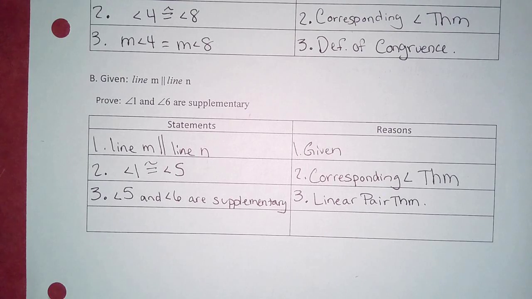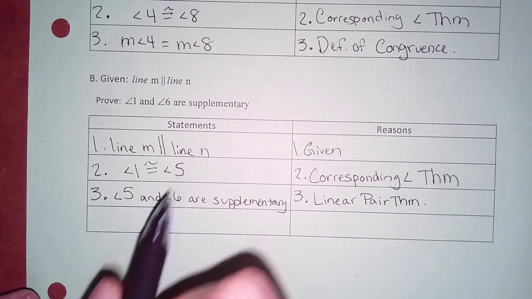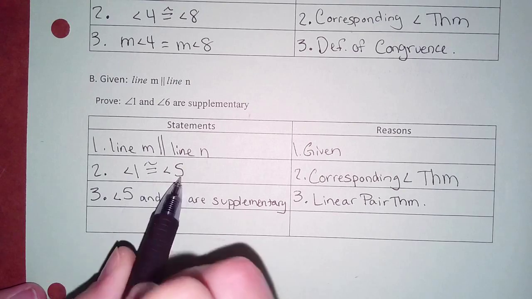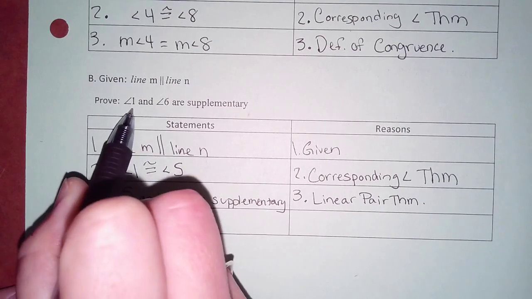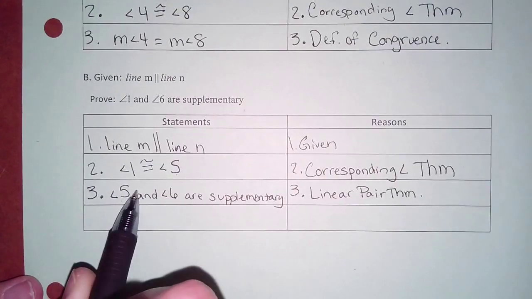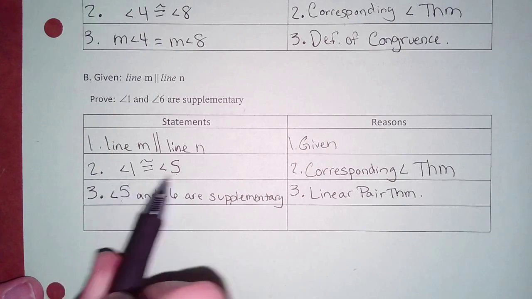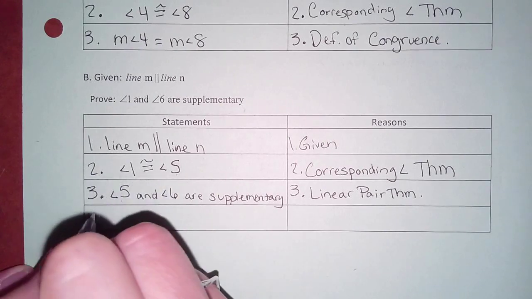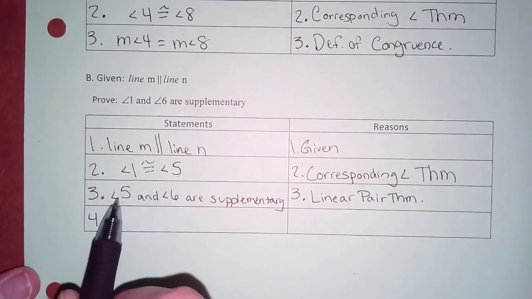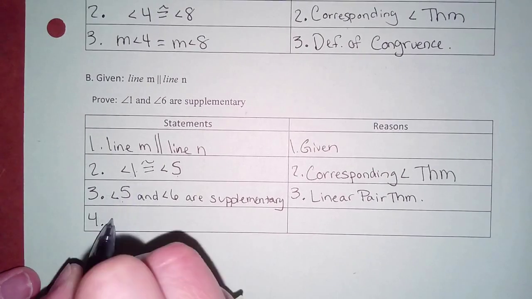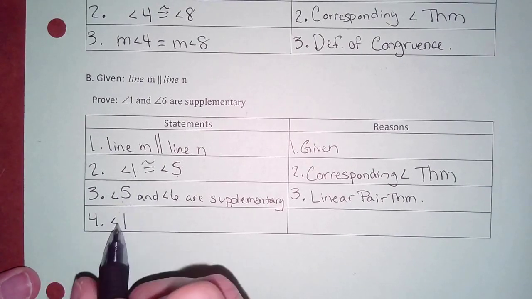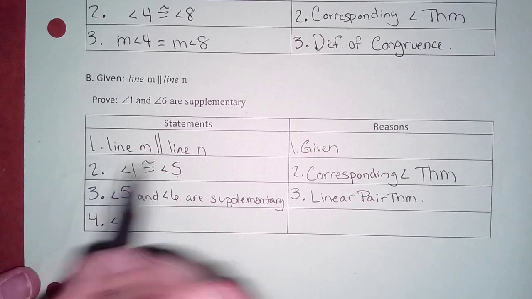Now, because I have angle 5 here, I'm trying to get angle 1 in that same position. Well, angle 1 and angle 5 are congruent to each other. So what I could do is, instead of 5 here, I could plug in 1 in its place and say angle 1 instead of 5 because they're congruent. They're interchangeable.